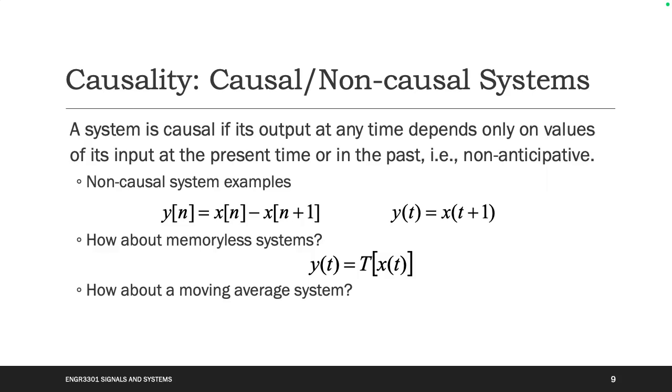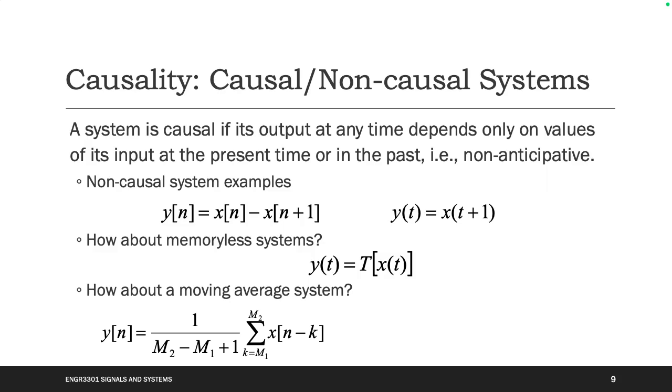Okay. How about a moving average system? This one. Is it causal or non-causal? What is the definition? If this system depends on the present time or the past time, then it will be causal.